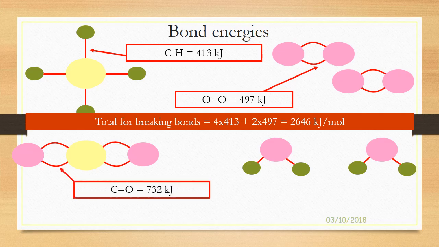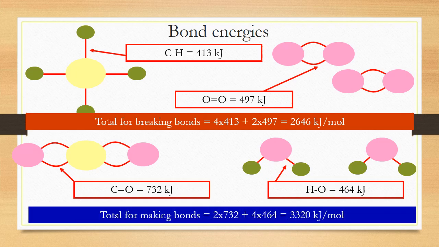Whereas when we're making bonds in the carbon dioxide, the carbon-oxygen bond is 732 kilojoules, and the O-H bond is 464 kilojoules. The total for making the bonds is 2 times 732, because carbon dioxide has not 1 but 2 carbon-oxygen double bonds, and there are 4 oxygen-hydrogen bonds to be made.